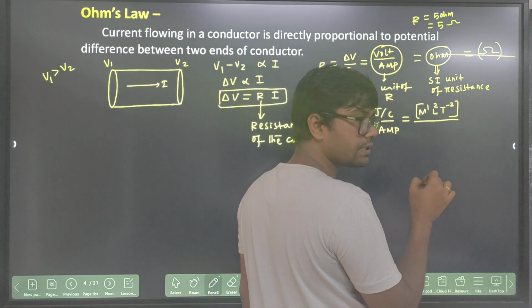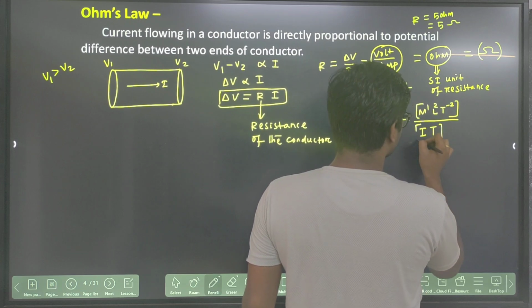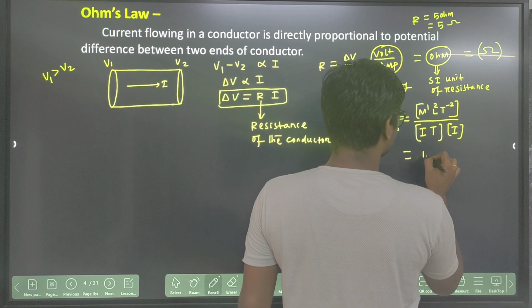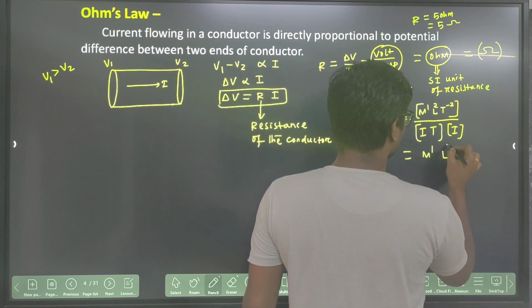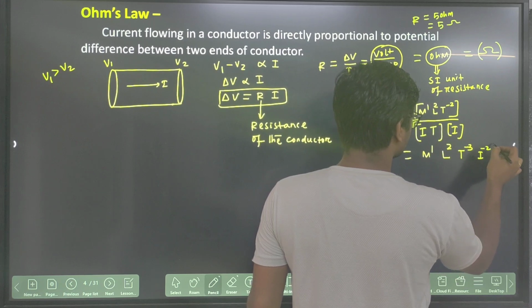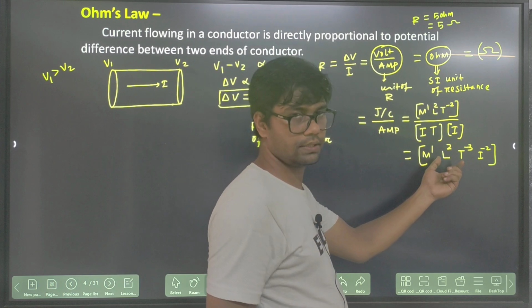Coulomb can be written as I into T, into ampere which is I. This will be M1 L2 T minus 3 I minus 2. This is the dimension of the resistance.